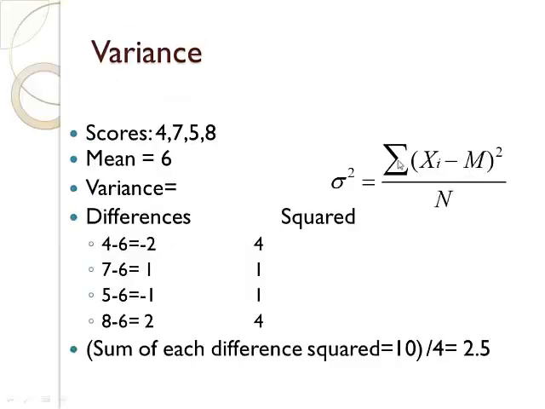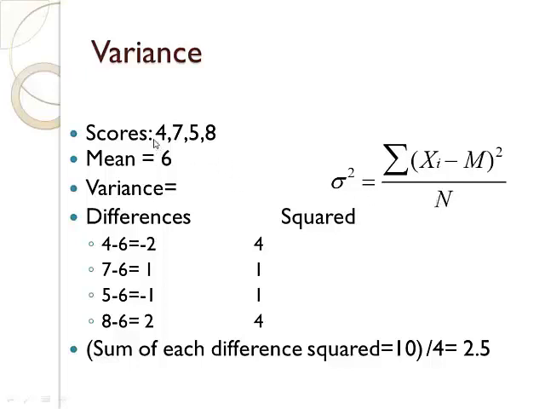So let's look at what that means in terms of calculating the variance. We have this formula here. Again, the sigma symbol here is sum. So for this formula for variance, it says in order to find the variance, we take the sum of each individual score difference from the mean, so the sum of the difference of each individual score from the mean squared, and then you divide that sum by the number of observations.